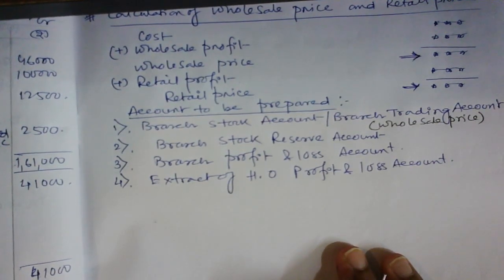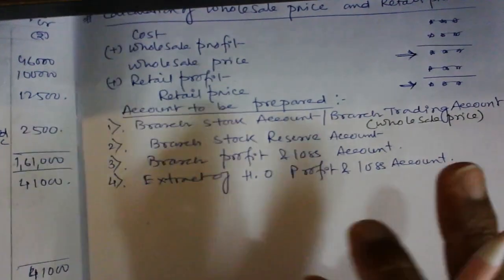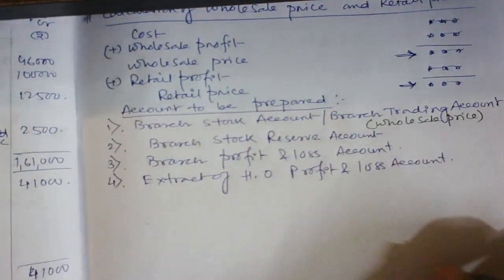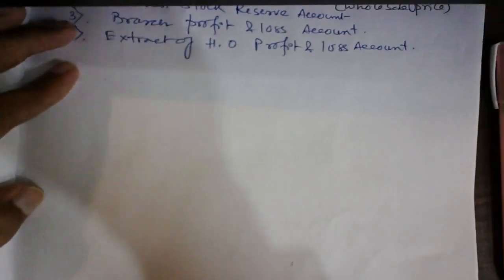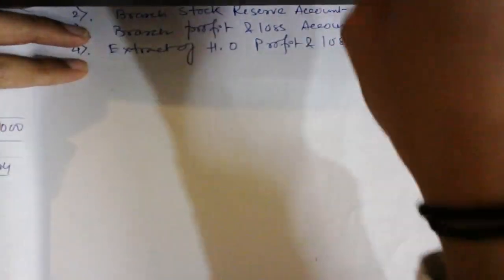Okay, keep noting it down. Now we are going to prepare the format. Normally we just make a T-shape format and then do it. So we are just making a T-shape format.